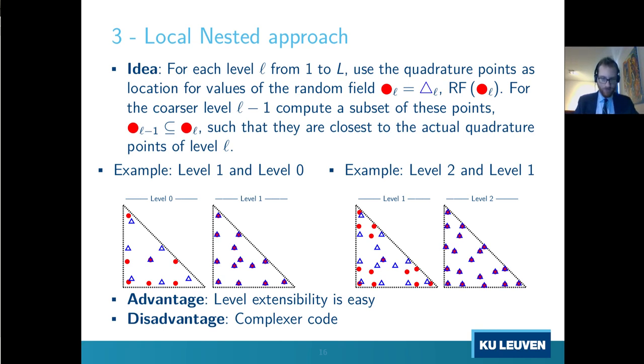For level 1, you will generate discrete values of the random field in your quadrature points, and for the coarser level, you will compute a subset of these locations such that they are closest to the quadrature points of that level. So you can easily add another level if needed. This slightly increases the complexity of the code, but it's a minor disadvantage.